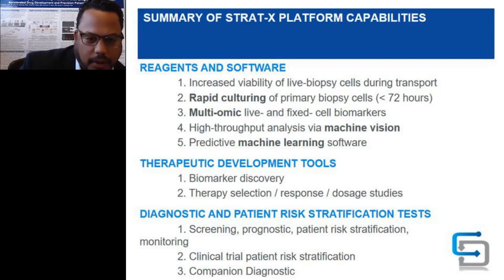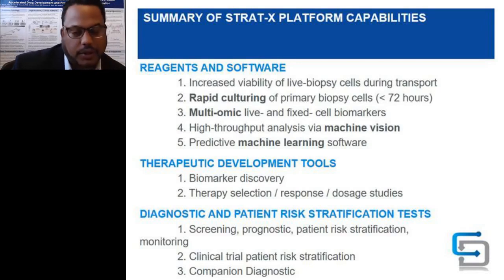Beyond just that ability to use the test as a patient risk stratification test, there are upstream applications of this platform that can also be useful for the development of precision or personalized medicine, specifically when therapeutics are being developed. The ability to rapidly culture primary cells as opposed to using cell lines, or as opposed to using animal models, can be very important.